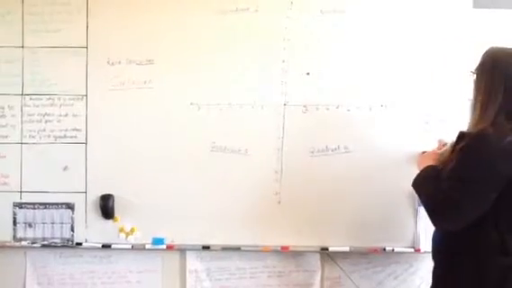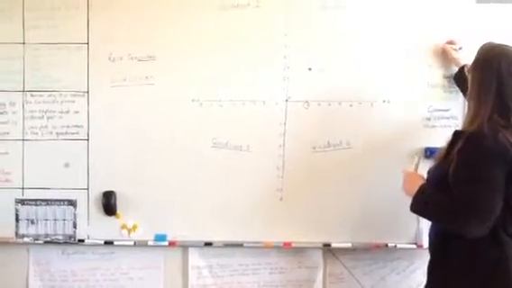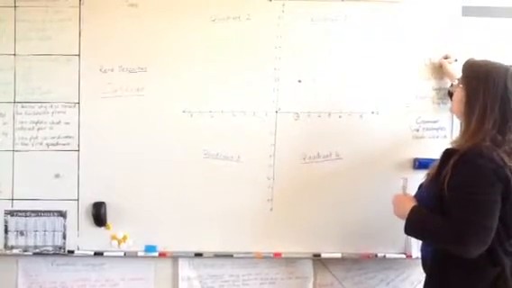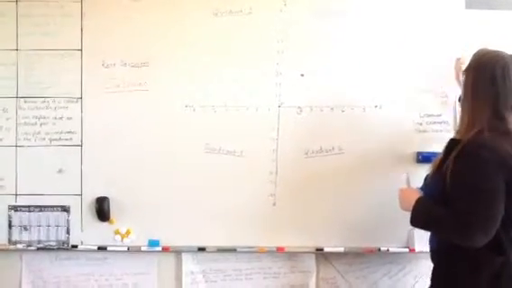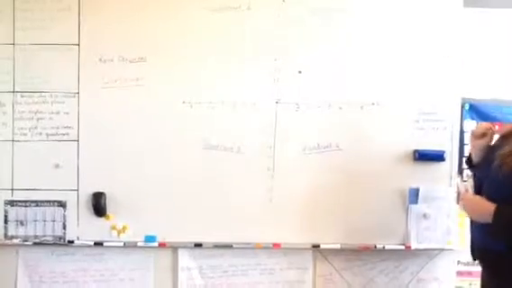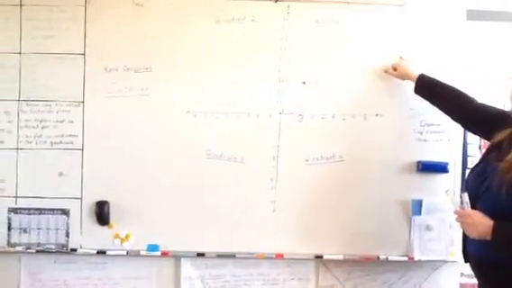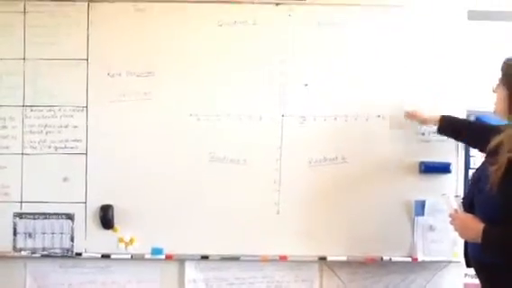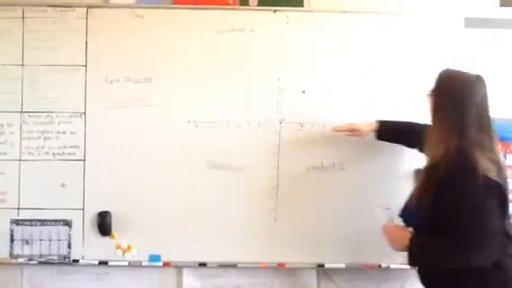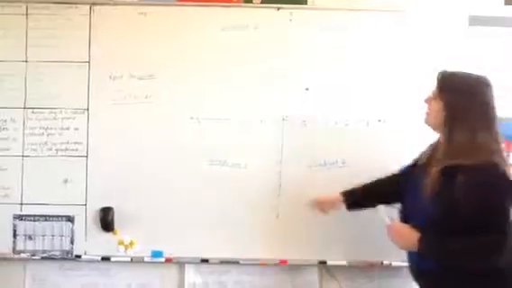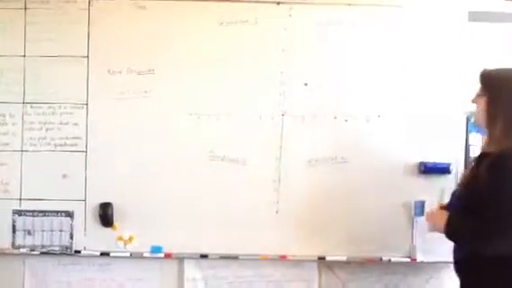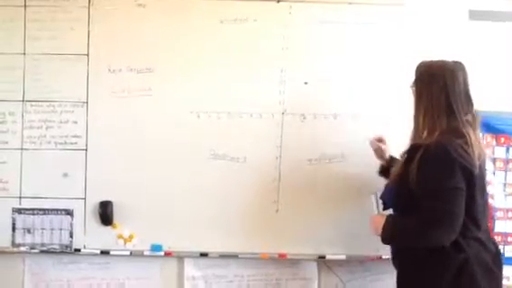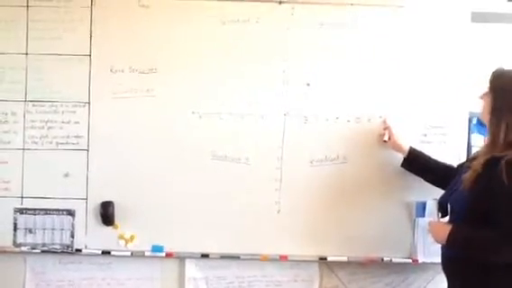Let's look at 7, 5. So remember, it's an ordered pair and the order is x first and then y. So you need to plot the 7 first, which is on the x-axis, and then the 5, which is on the y-axis. So let's have a look where that is. 7 first. There's the 7 on the x-axis.